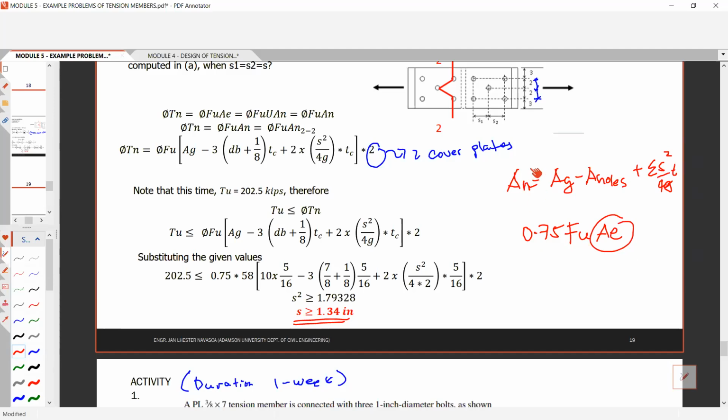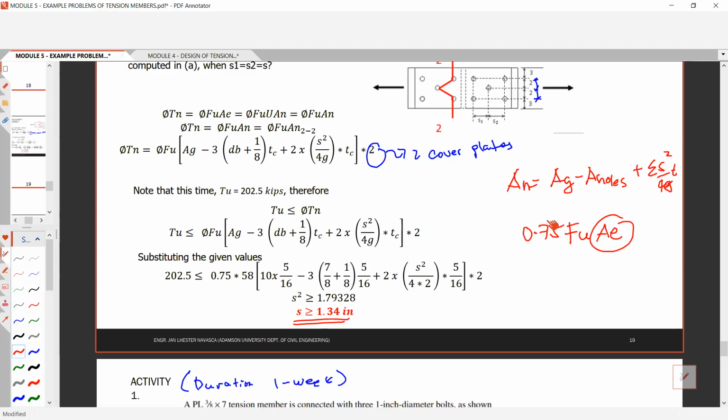If we increase S, we increase AN, we increase AE, then we increase the tensile capacity.